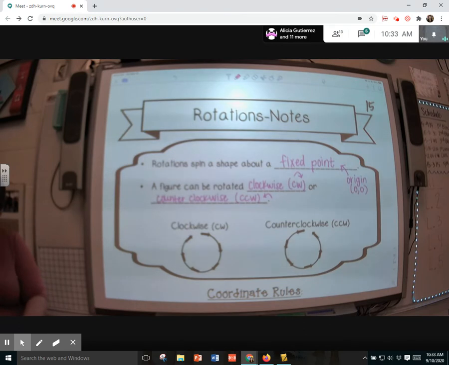So for the rules for these, I use the little arrows that I'm drawing above the CW and CCW to help me see my rules or remember my rules.